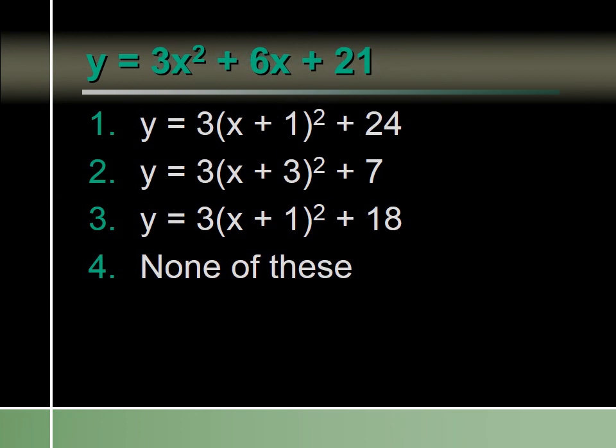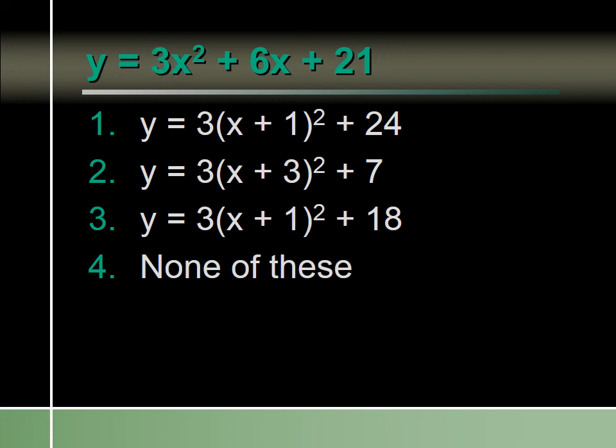All right, your turn. Go ahead and look at this problem. y equals 3x squared plus 6x plus 21. Take some time, work it out, do the steps. It is going to need special steps because it has a leading coefficient.